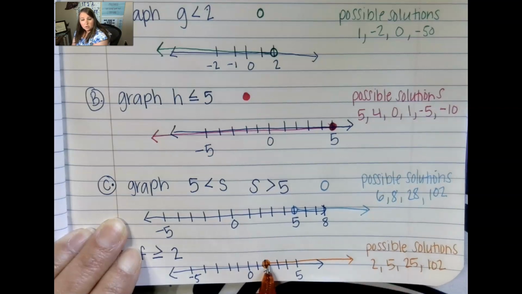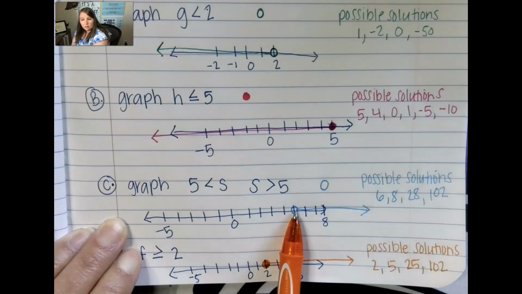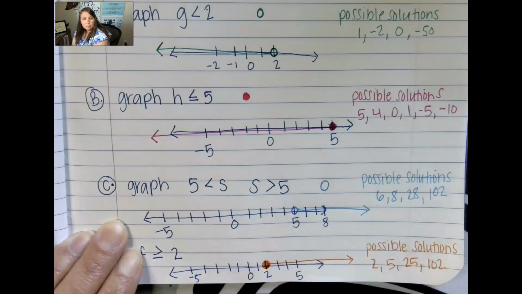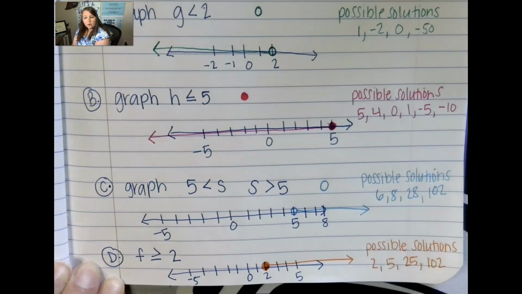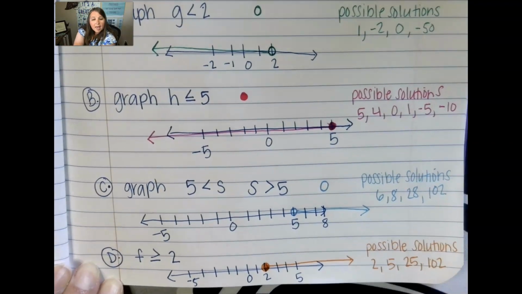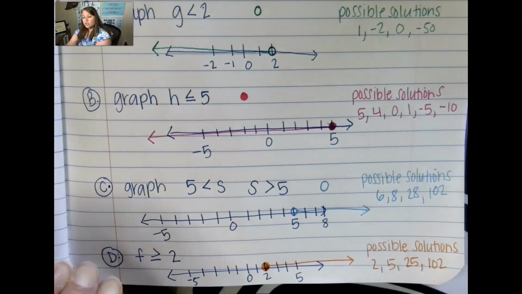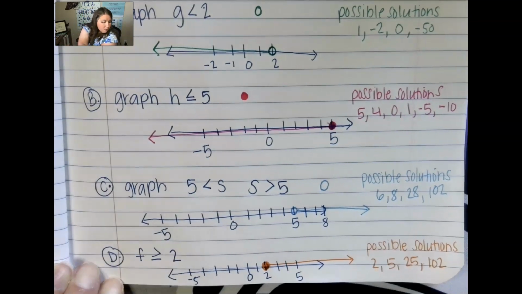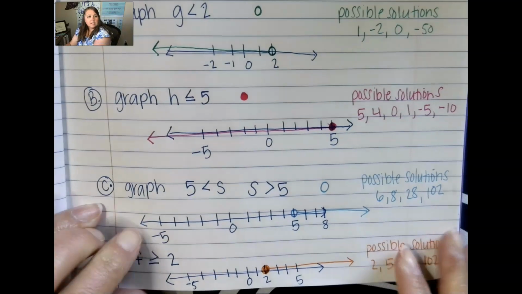However, this one includes 2, and this one does not include 5. Okay? All right, go ahead and finish writing this down, and then when you're ready, go ahead and hit play again, and then I'm going to turn my page so that we can get ready for the try-its.